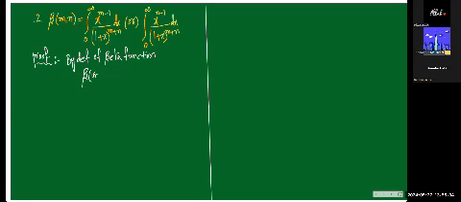Beta of m comma n is equal to definite integral 0 to 1 x power m minus 1 into 1 minus x whole power n minus 1 into dx. ये हो गया आपका इक्वेशन नंबर 1.